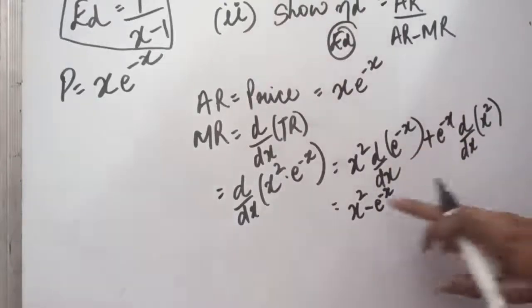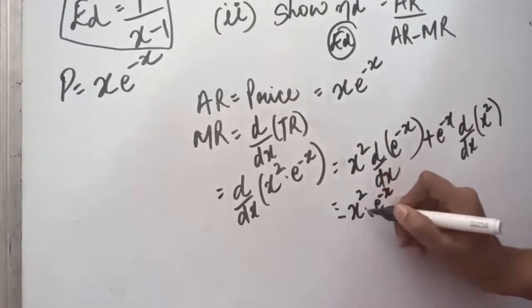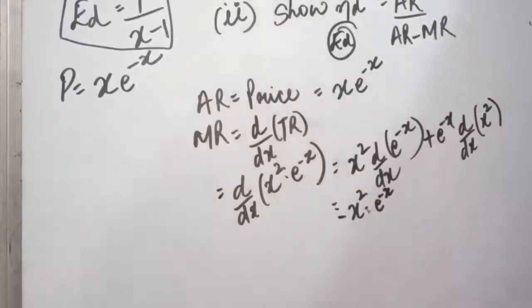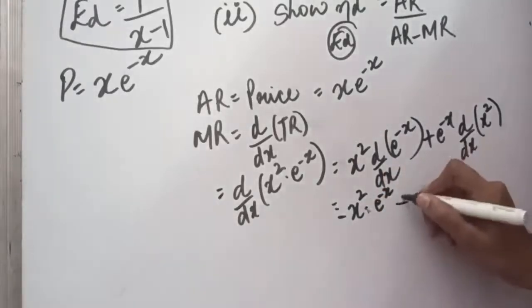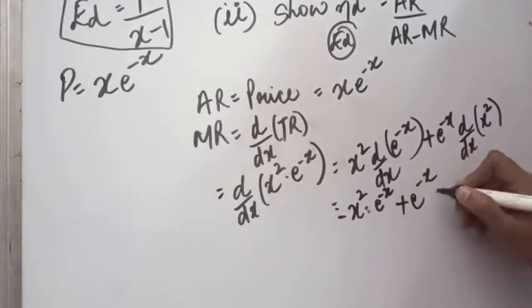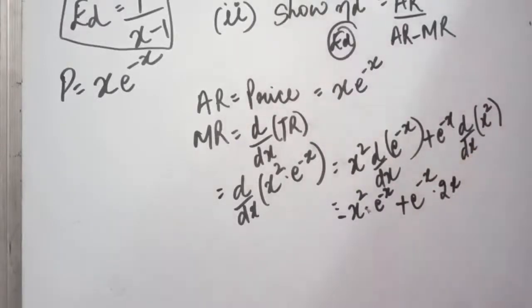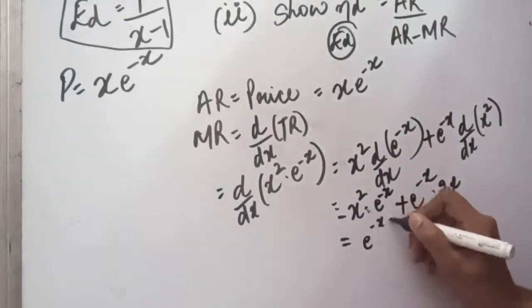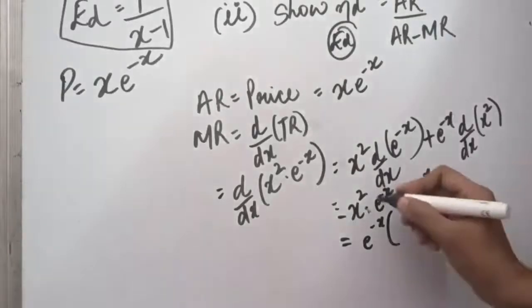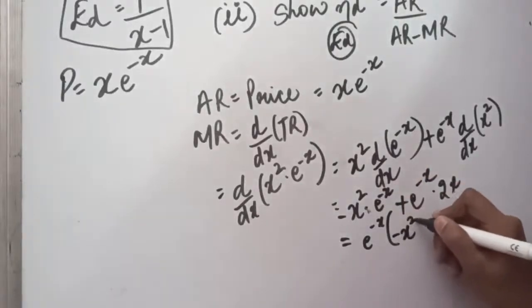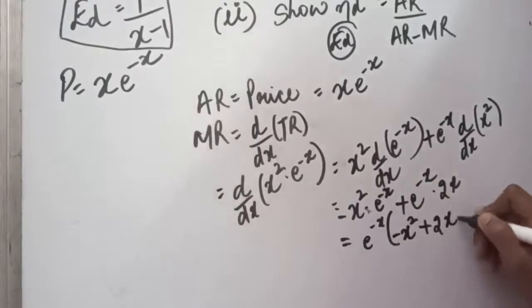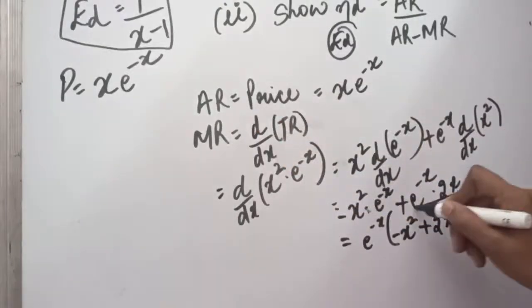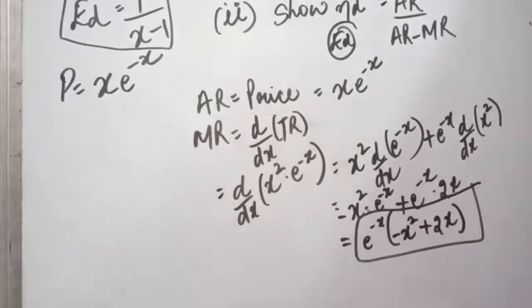We can put this minus in the front so that we can show that these two terms are multiplied, plus e raised to power minus x and derivative of x square will be 2x. Now keeping the common on both the sides, e raised to power minus x is common. From here we will be left with minus x square plus 2x. So this is the answer of marginal revenue that we got.